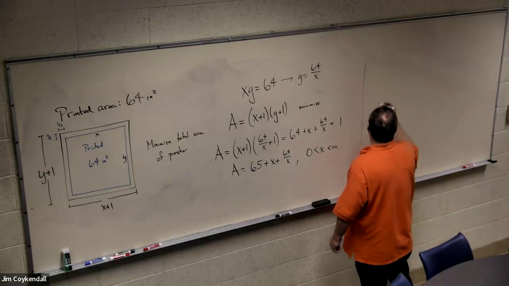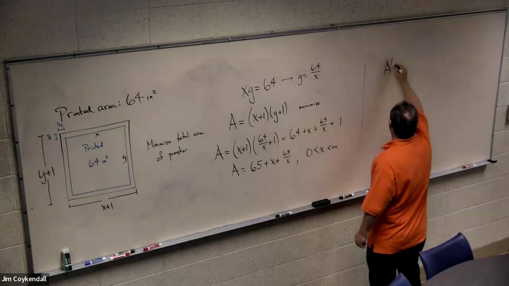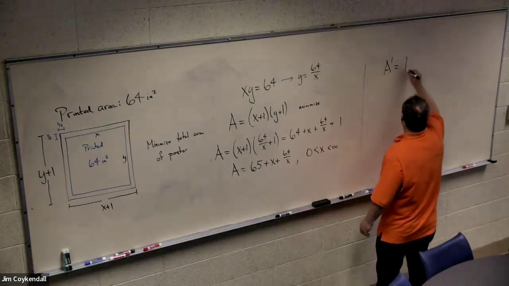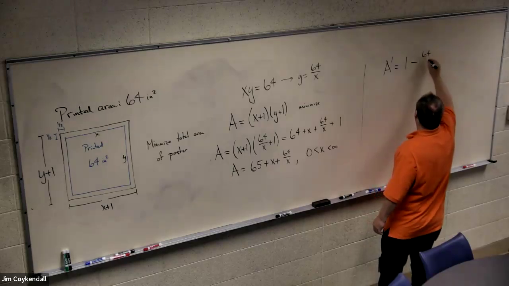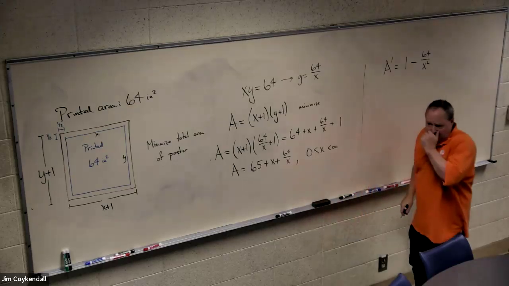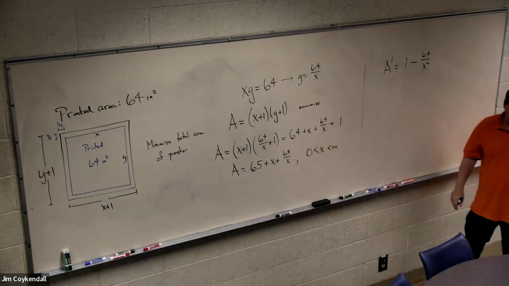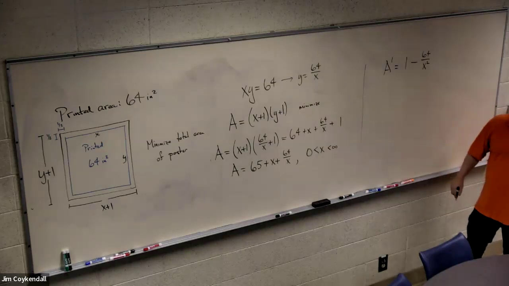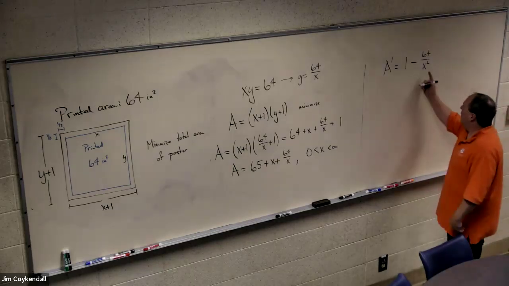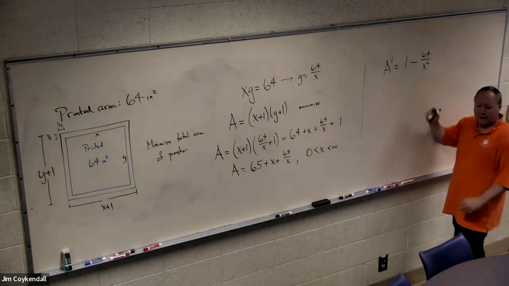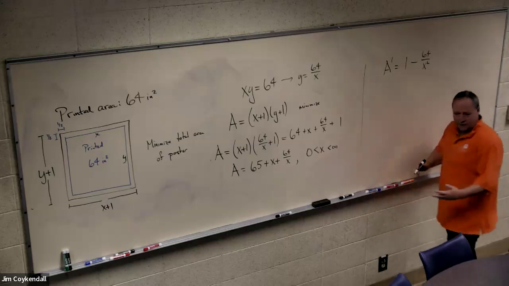So let's take a derivative. A prime is 1 minus 64 over X squared, because this is 64 X to the minus 1, so the derivative is minus 64 X to the minus 2. So a potential critical number is X equals 0, but I don't have to worry about that because that's not in our domain.